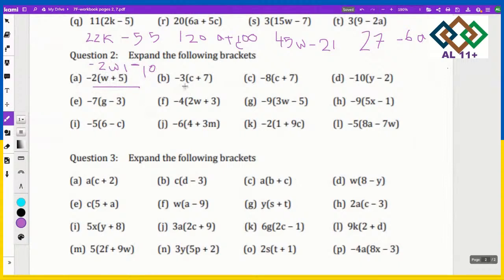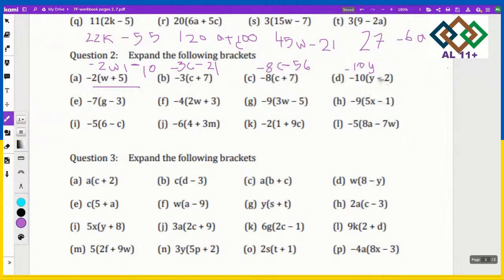So the next one would be the same. It'll be minus 3C, minus and plus is minus 21. Then you have C, that would be 8C, plus and minus will become minus 56. Then you have D, which is minus 10Y.